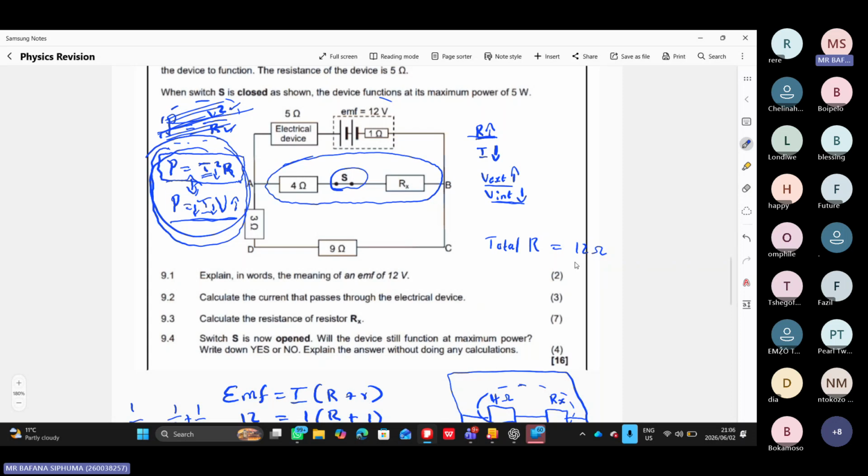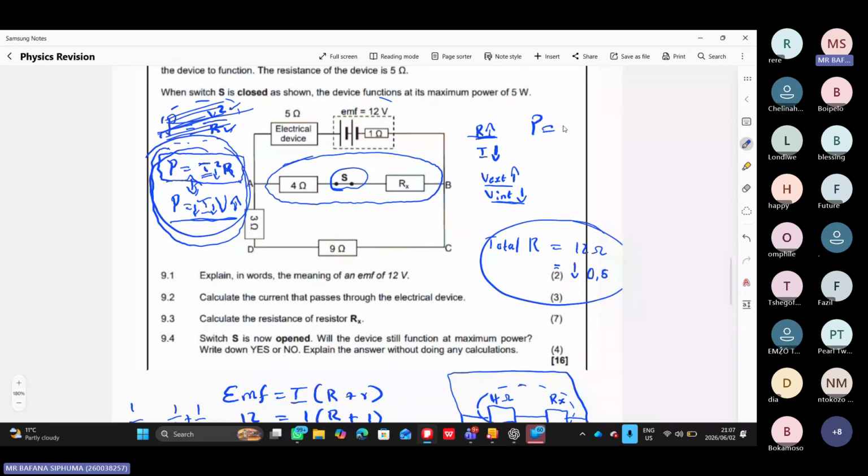Our total current, we don't have to calculate it either way, but it's going to be a smaller value. It decreases somewhere. Maybe it will decrease to 0.5. Let's just say 0.5 right there. But for the second formula, our voltage is going to also increase. We're not able to calculate the value, but let me explain in that one.